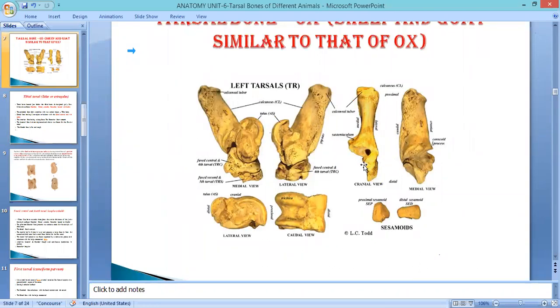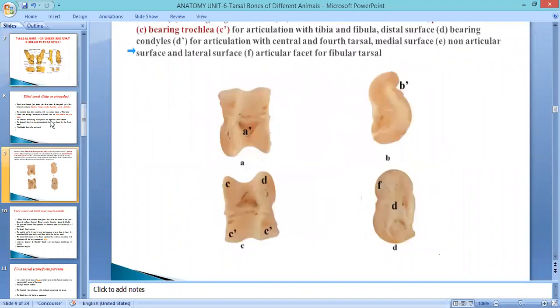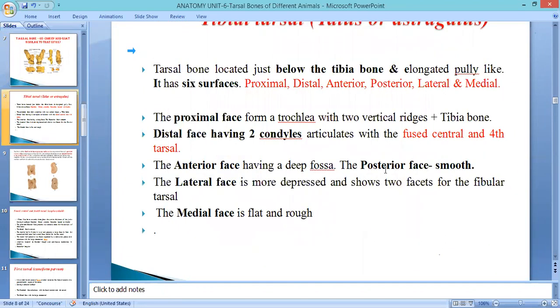The lateral part of this tarsal comes in contact with the medial part of the fibular tarsal. So out of the surfaces, the lateral surface of the tibial tarsal comes in contact with the medial surface of the fibular tarsal. The lateral surface is a smooth ridge with 2 facets for the fibular tarsal.